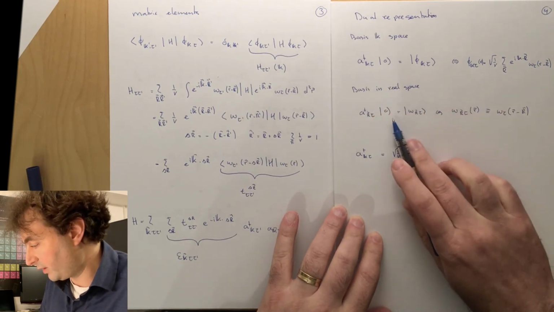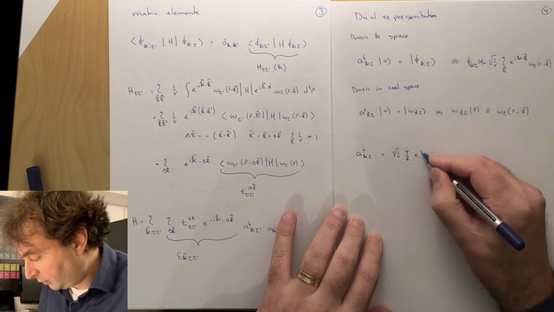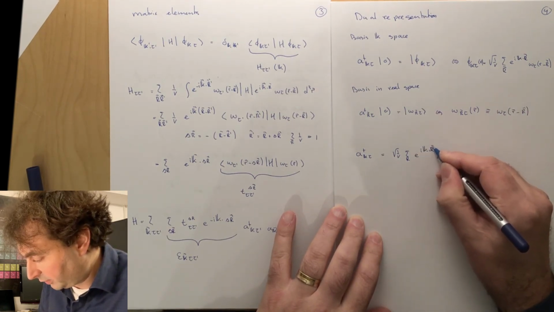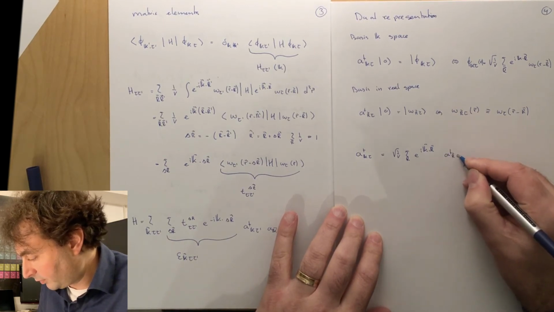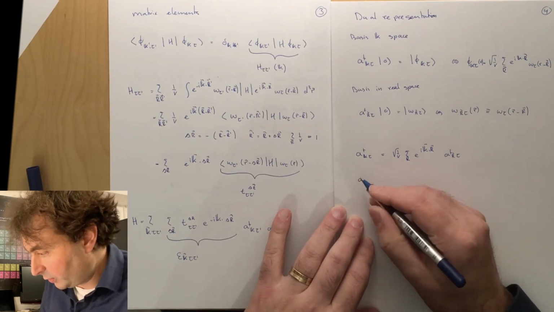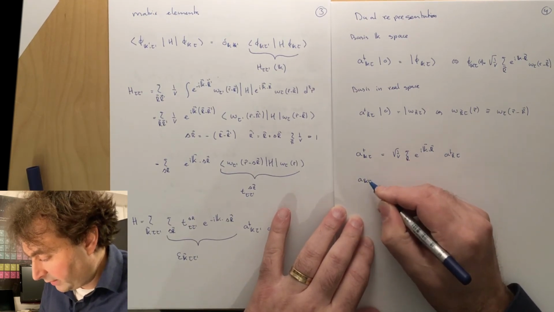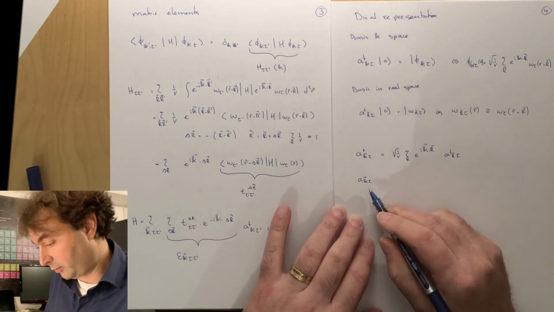This is the creation at 0, so we just have that prefactor in there, e to the i k dot r times a dagger r tau.